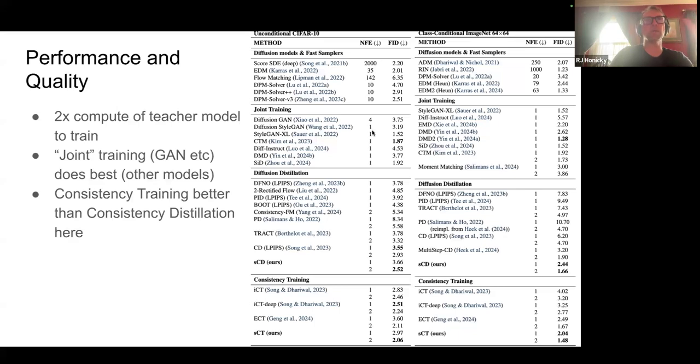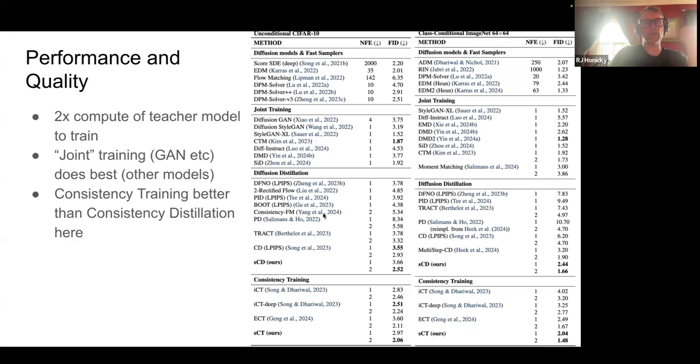So this is how many iterations I had to do to generate my images. And you see that all of their numbers in this section of the paper, they compare to 2 evaluations in 1, and they do slightly better whenever they do 2.